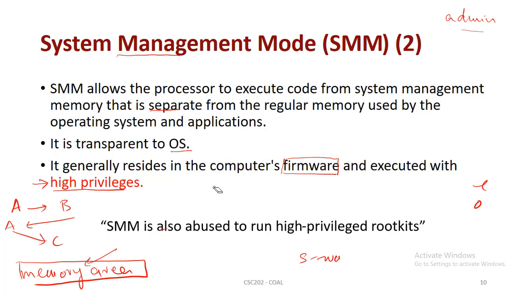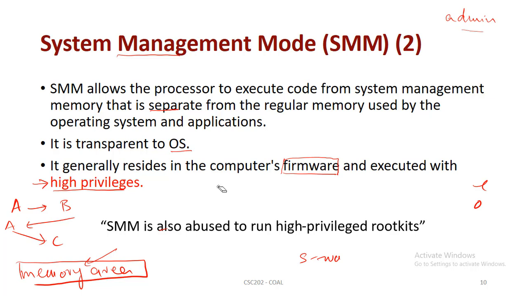Your machine's microprocessor switches from protected mode to system management mode, and within system management mode the microprocessor is executing this proprietary firmware, and it has full access to the memory, although that region of memory will be separate from the operating system memory and the application memory.